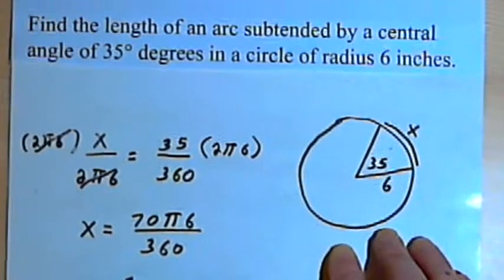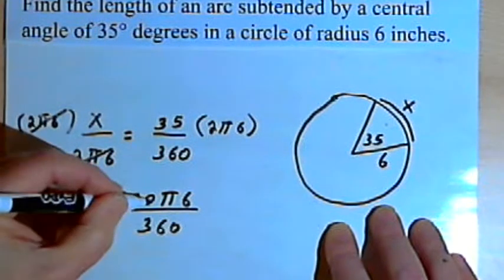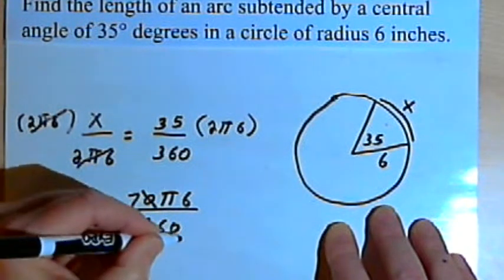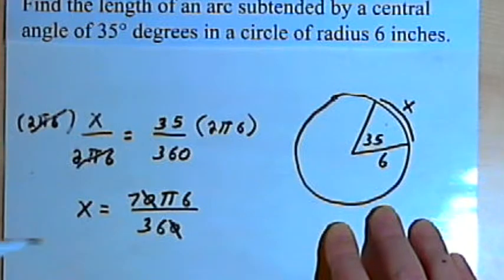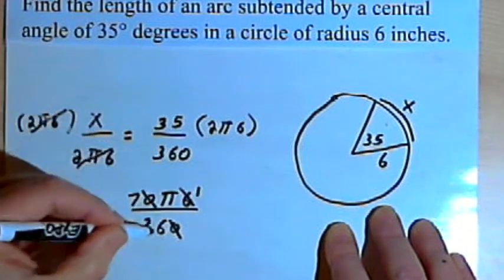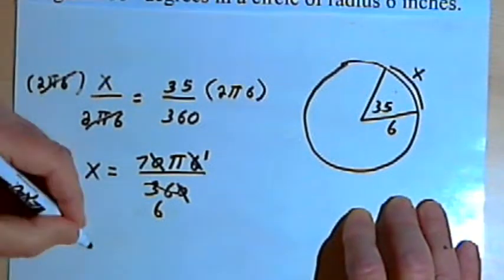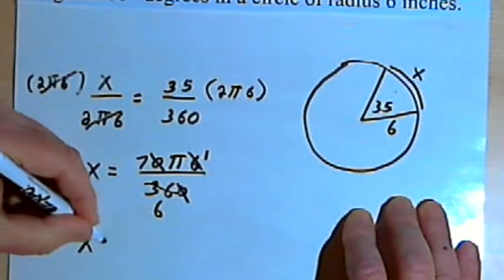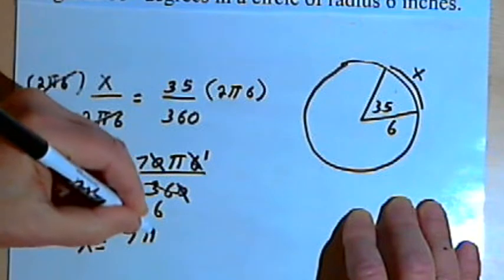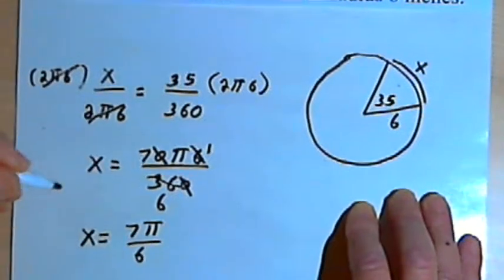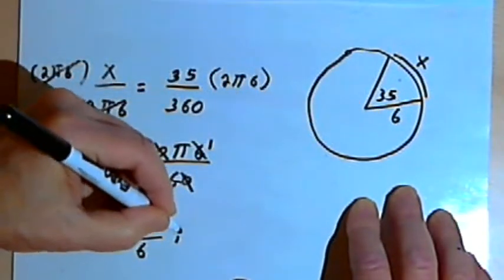And I can clean this fraction up a bit. I can divide both the numerator and the denominator by 10. And I can divide both the numerator and the denominator by 6. So I'm going to have the length of that arc as 7 pi over 6, and the unit we were dealing with was inches.